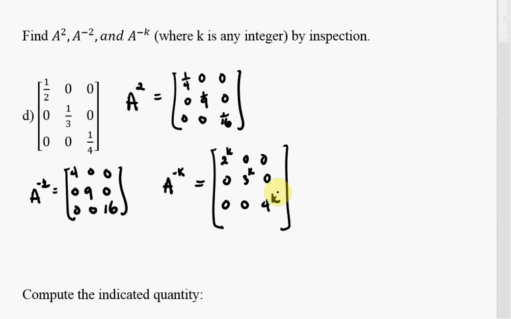I mean, the key was this A to the negative 2, right? It was just the first term reciprocated, and it's the 2 squared, right? This is what, 3 squared. That's 4 squared. So then if it's A to the negative k, it has to be 2 to the k, 3 to the k, 4 to the k along the main diagonal. Ali, what you said is correct.